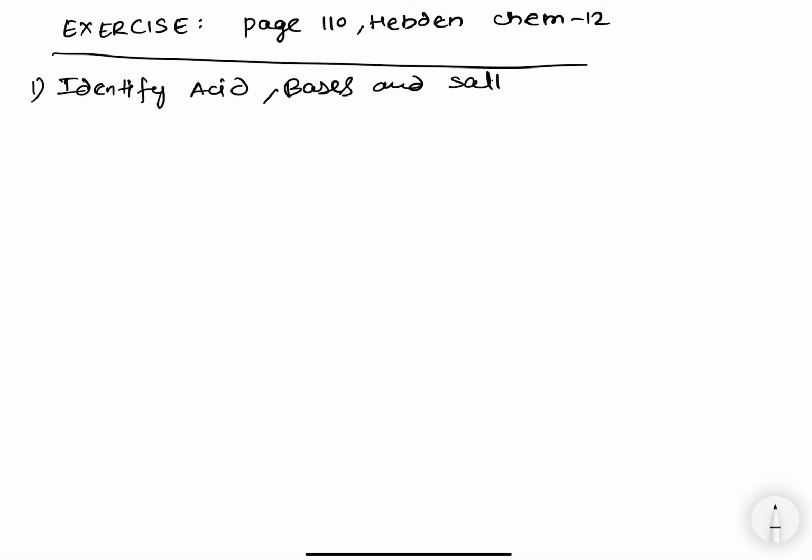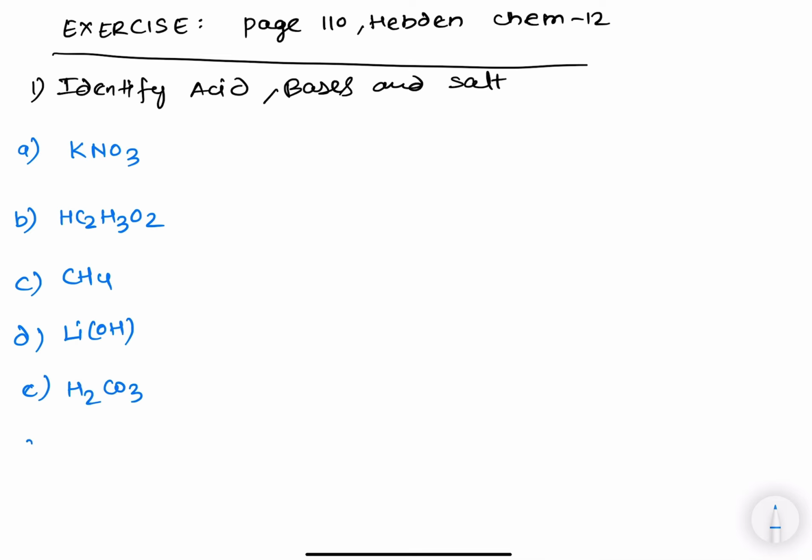The formulas given here are: A, KNO3; B, H2S3O2; C, CH4; D, LiOH; E, H₂SO₃; F, Na2CO3; G, barium hydroxide; H, SO2.